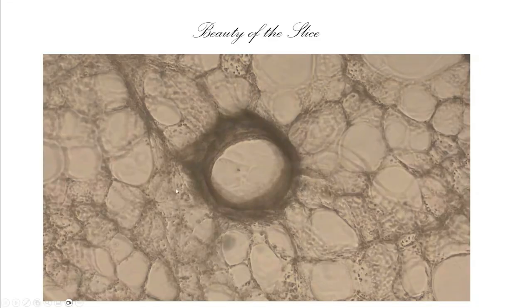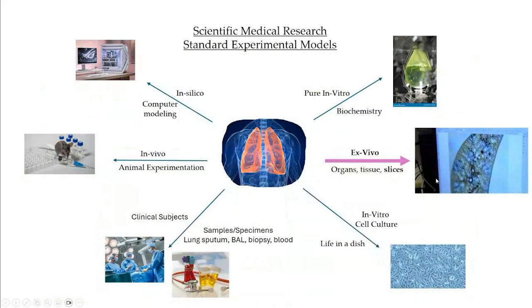So to start, we have a precision cut slice here, and this is a lung slice. And the beauty of the slice is in the smooth muscle. So we have a smooth muscle ring. Just to jump back really quick, you can see a slice. This is a slice from a mouse that if you look at, what you mostly see is alveolar parenchyma using up most of the surface area of that slice.